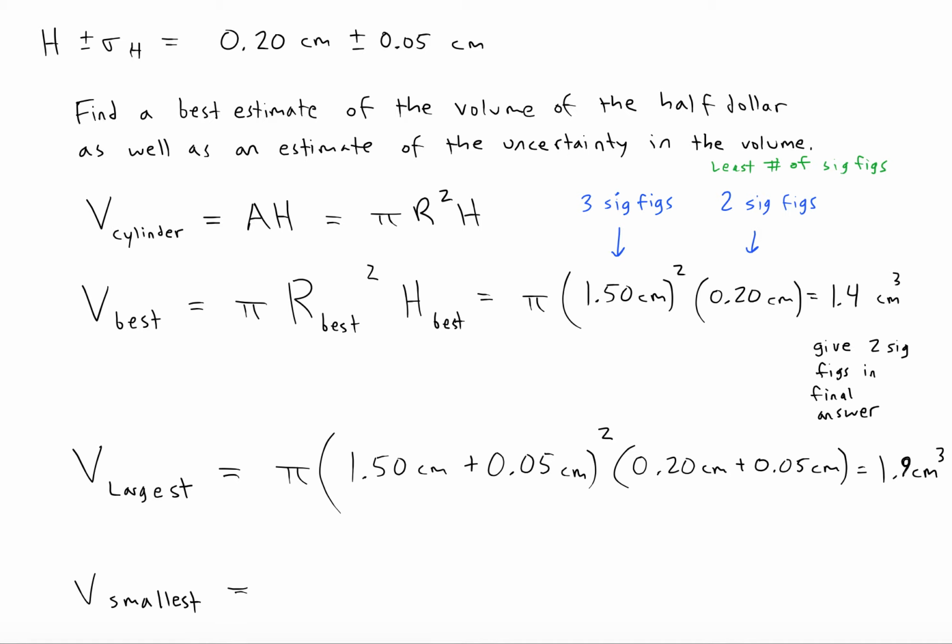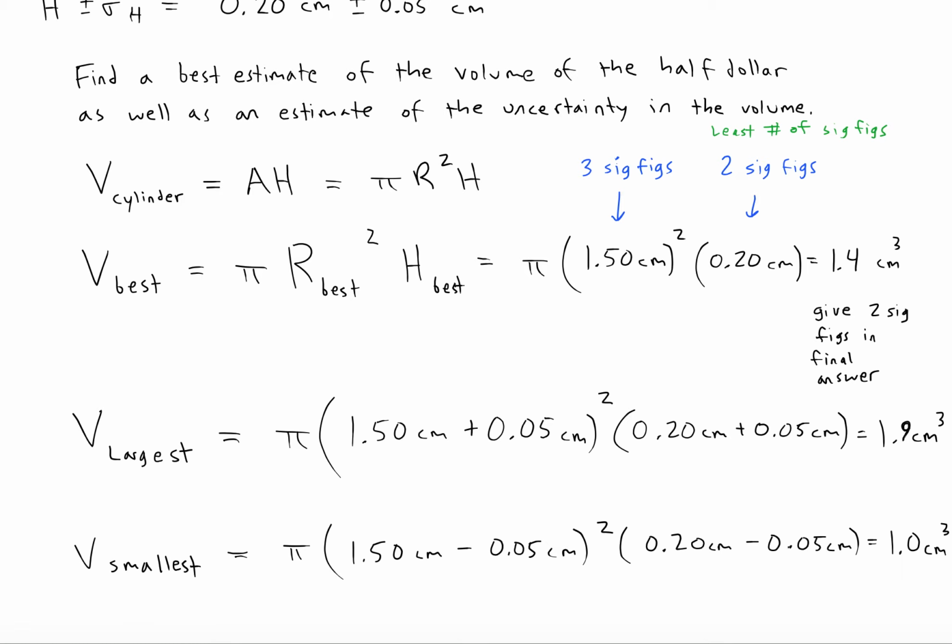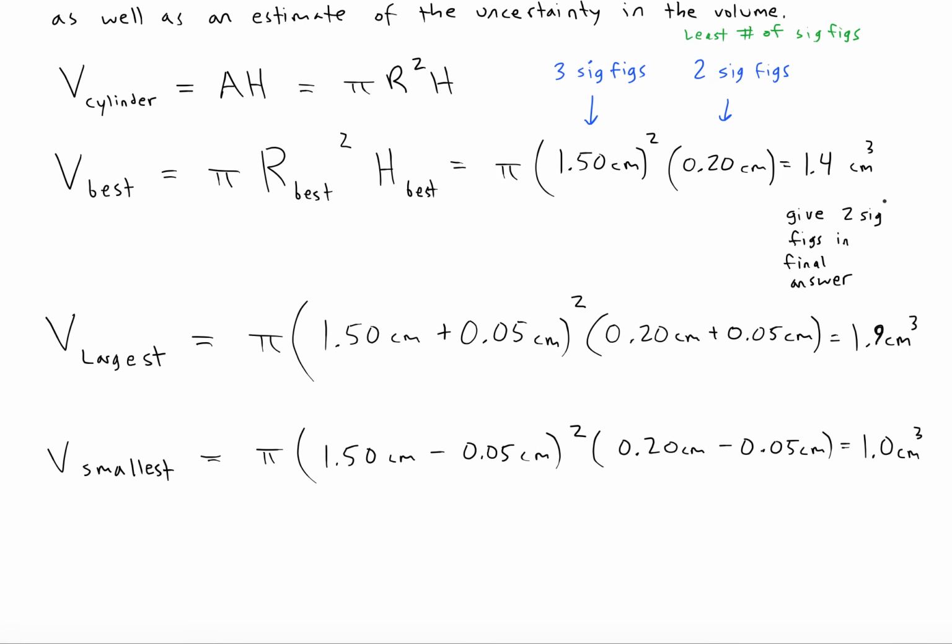Okay, and then we'll subtract for the smallest. And that makes 0.9 or 1.0. It just gives us a sense of how large the final result could be or how small.